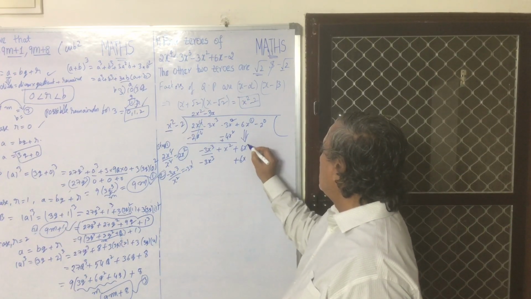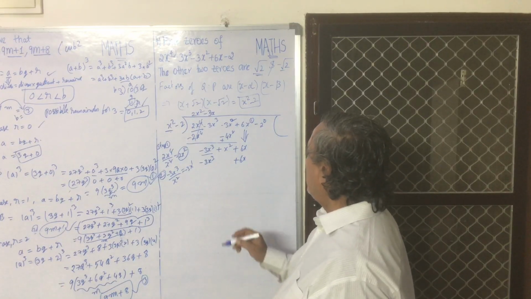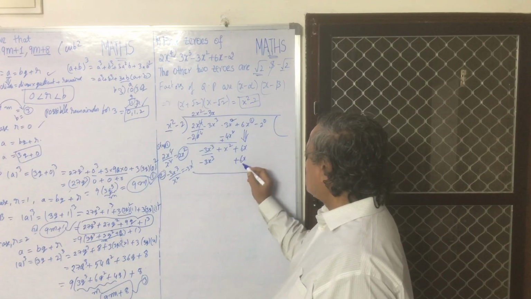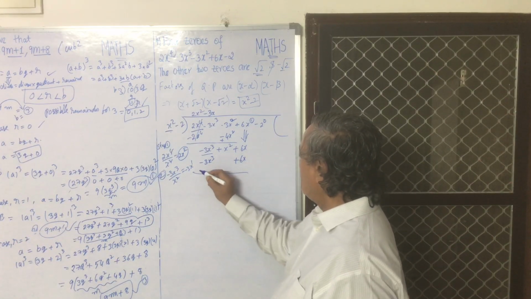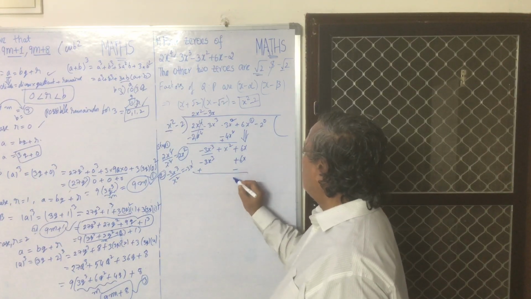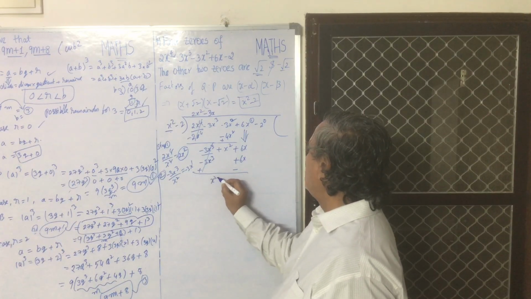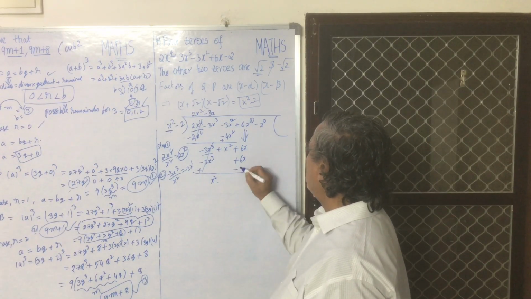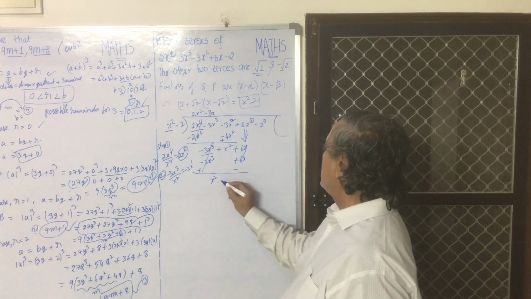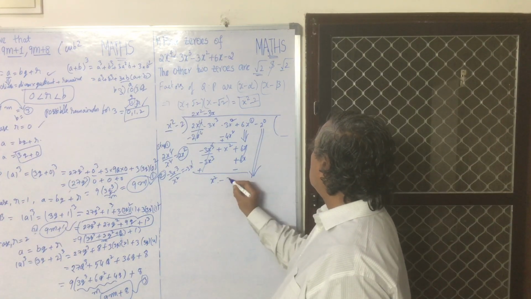Write plus 6x under the 6x only. Next change the signs: minus will become plus and plus will become minus. This cancels. Download x square, and next download minus 2.